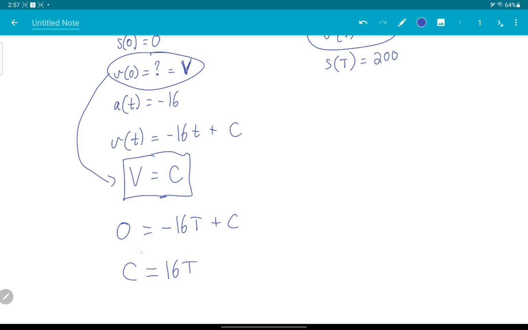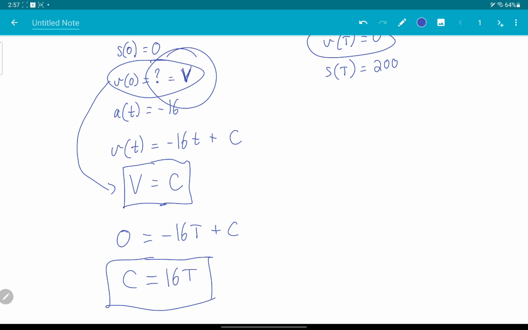I'm just gathering some information. I'm hoping to end up somewhere where I can solve for V. Capital V is what I want. That's my goal here. So it's a good idea halfway through your problem to just remember what you're trying to do. I'm trying to find capital V. Returning to my velocity, I'll do another antiderivative to get the displacement function. That'll give me minus 8t squared plus ct plus a constant k.